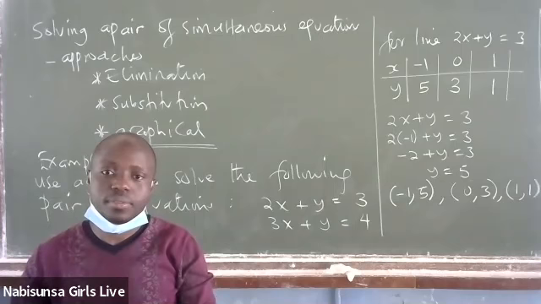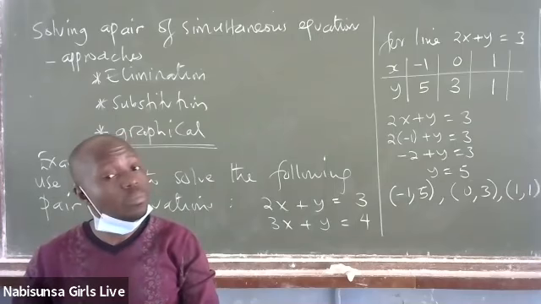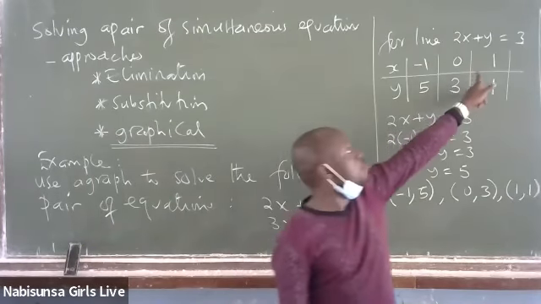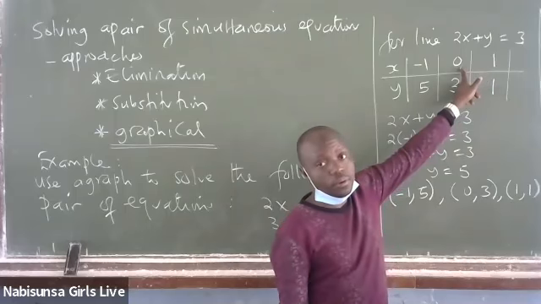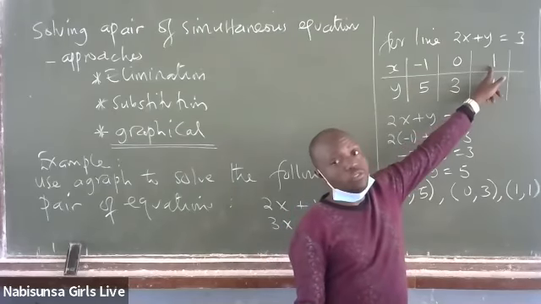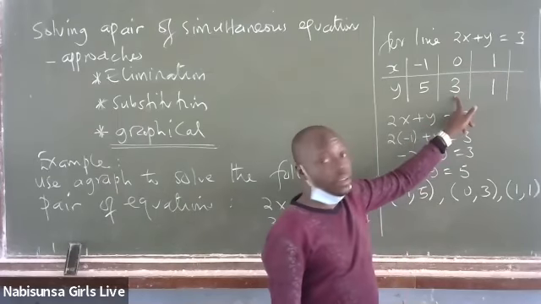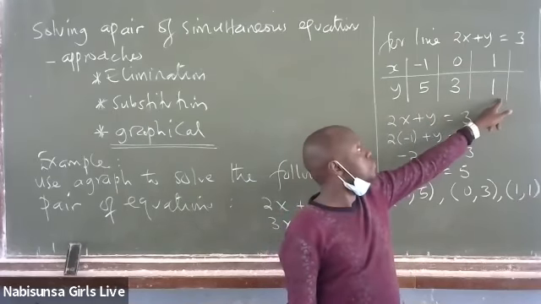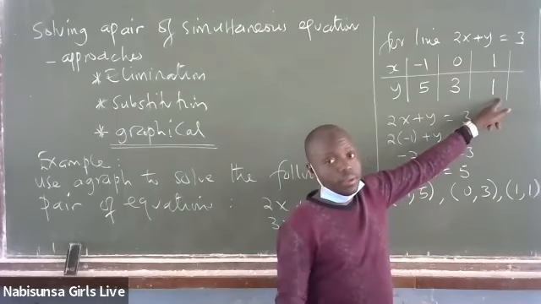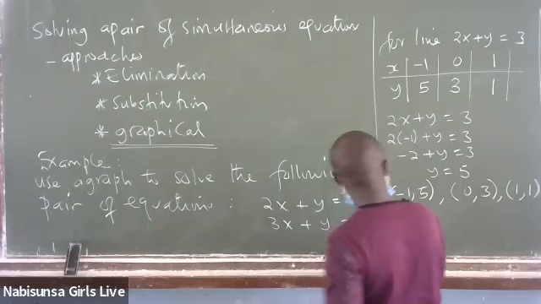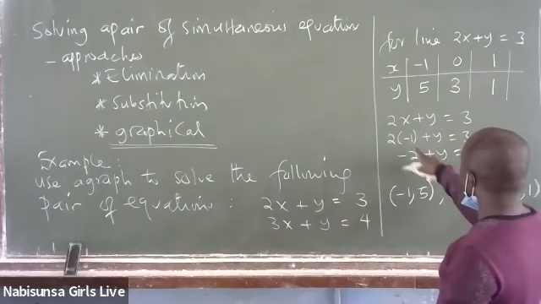Excuse me, teacher. How did 3 and 1 come about? We have already made a choice of our x as 0 and 1. So we are using our own choices of x to determine the values of y. This was when x was minus 1.